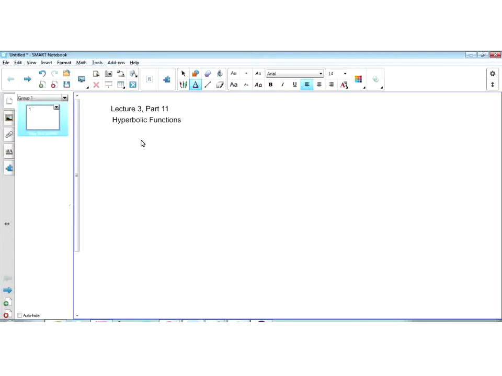Okay, so what are hyperbolic functions? Well, they're basically definitions of a special class of function. We define 6 hyperbolic functions. So let me pull it up from the lecture notes so I won't have to write all 6 definitions.